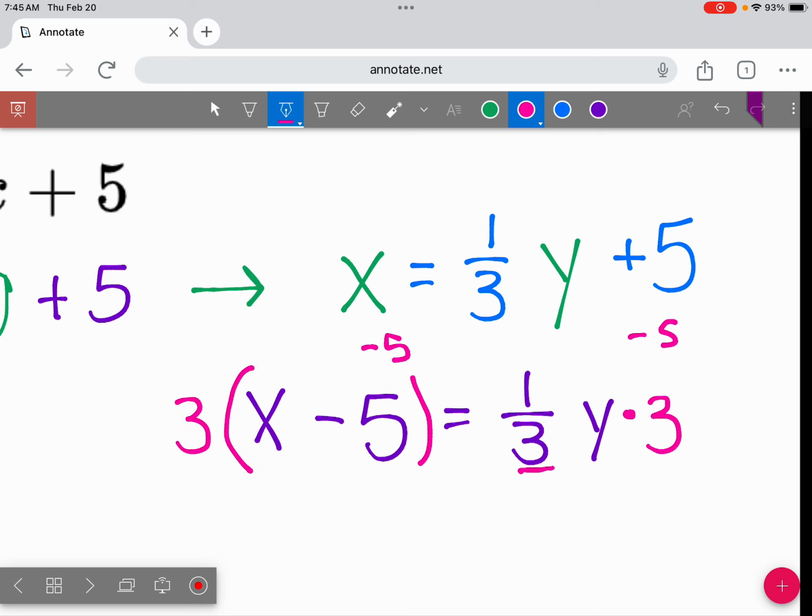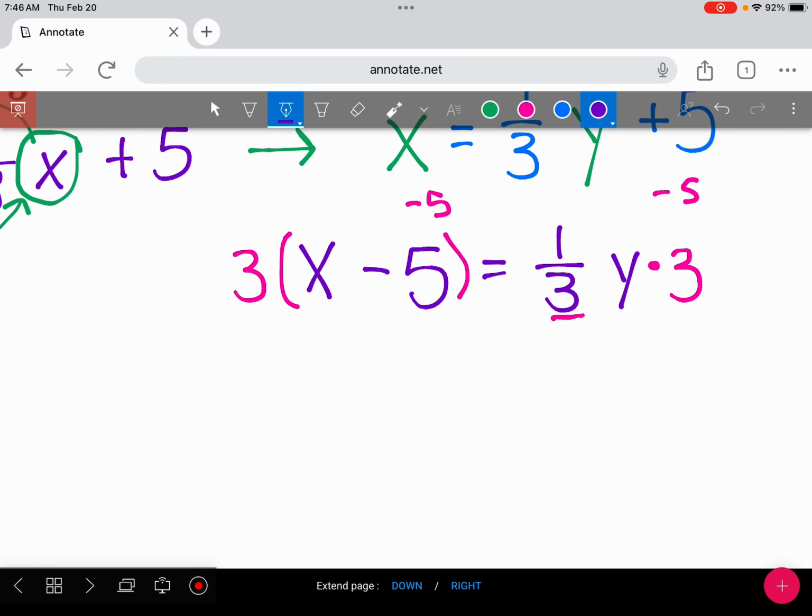Everybody multiplies by 3. The x multiplies by 3, the 5 multiplies by 3, the 1/3 y multiplies by 3. And you can either write it like this, where you have it as your own little baby distributing problem, or you could write it as, 3 times this one, and this one times 3. Like, that's okay, too. It means the same thing. I tend towards this way because it's much more mathy, and we like to think those things.